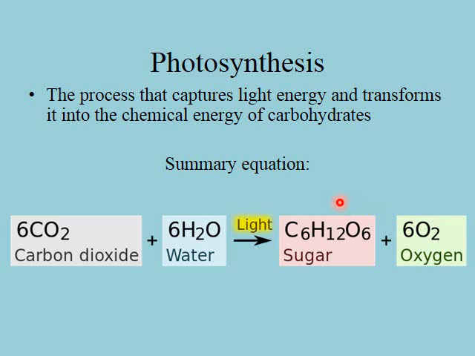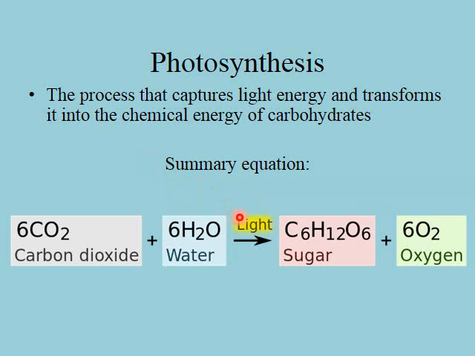If you know the equation of cellular respiration, you'll know that this is the same equation, but this arrow is pointing the other direction, and instead of light, a little bit of ATP is needed and it gives off a bunch of ATP.